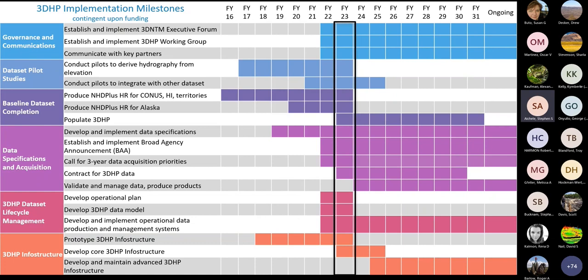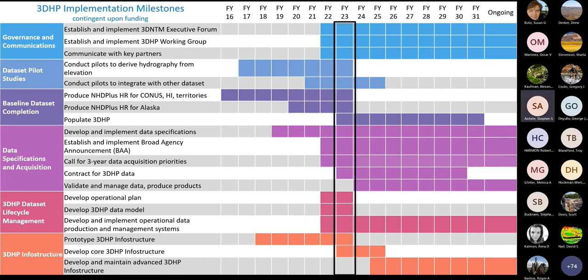But you also see the emphasis on the purple region there, which is the data acquisition section of the chart here, and that's an indication that we really are trying to push ahead with gathering new data to update the surface waters of the nation in a timely manner here.